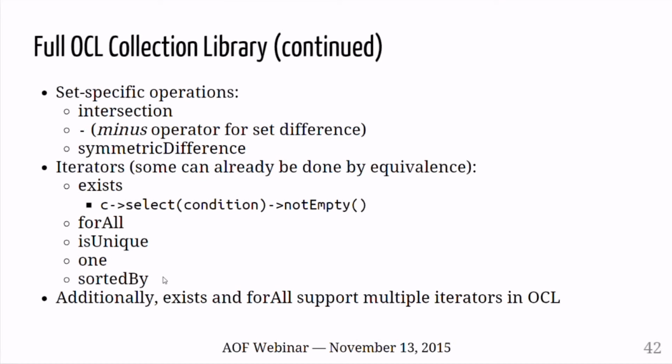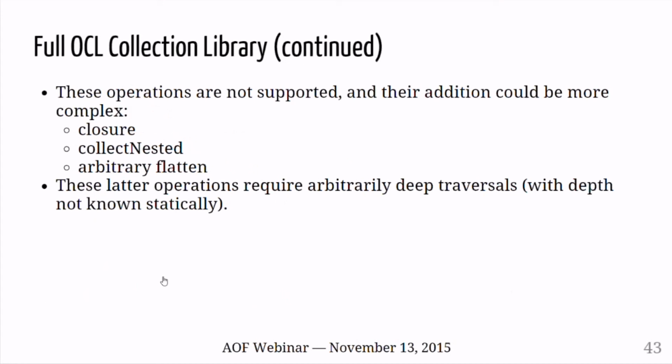And then there are some more complex OCL operations, which are nonetheless useful, but which probably will be more difficult to support, like closure, which enables, for instance, let's take an example, in a class diagram, to get all the supertypes of a given type by navigating the supertype relation.